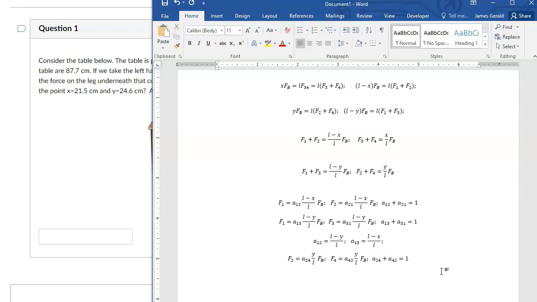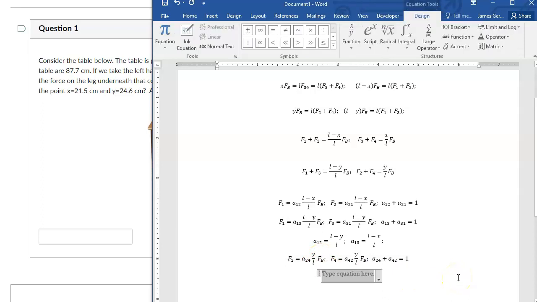Okay. Well, now look at our two equations in F2. We have F2 is something times L minus X over L FB, and we have F2 is something times Y over L FB. So let's propose: what if A21 is Y over L and A24 is L minus X over L?